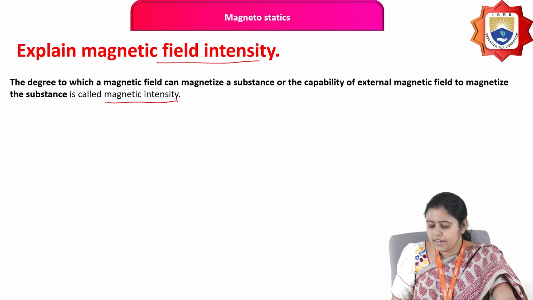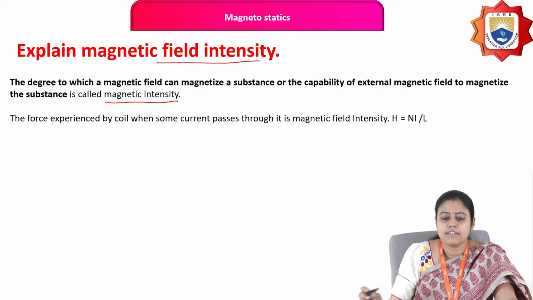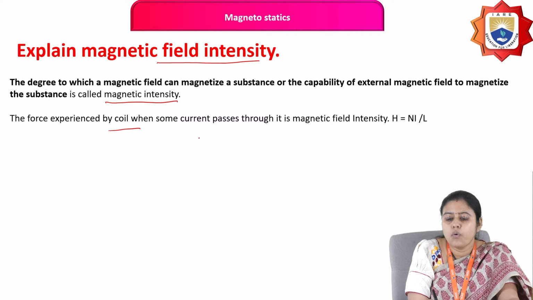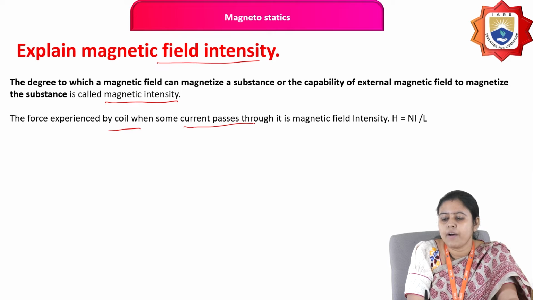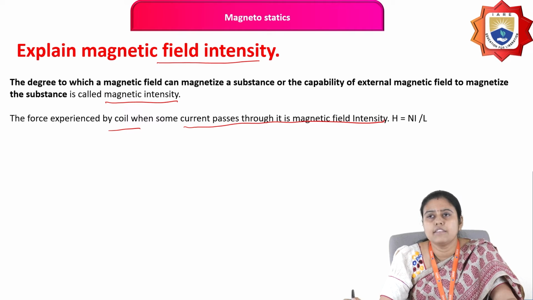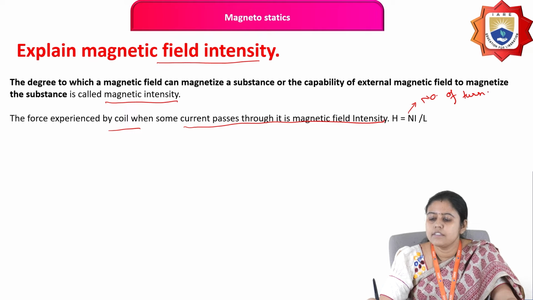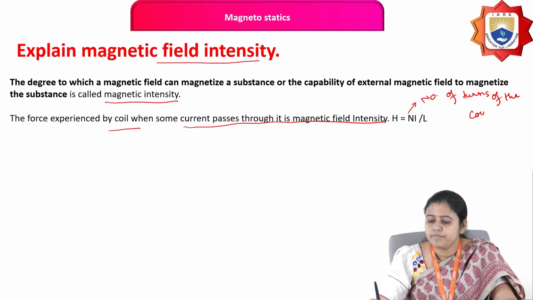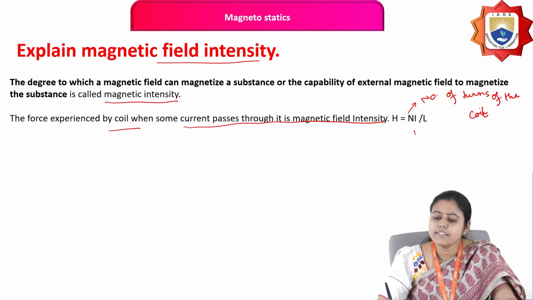So, magnetic intensity can be written as the force experienced by the coil when some current is passed through it. H is equal to Ni by L. What is N? N is equal to the number of turns of the coil. What is I?